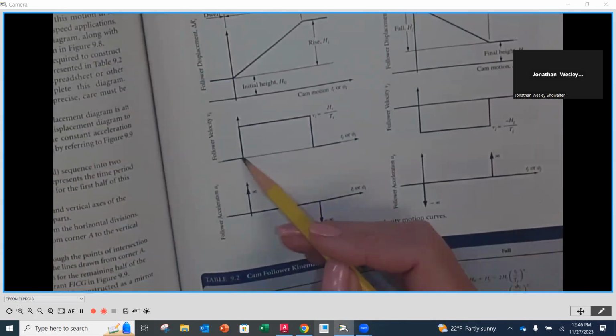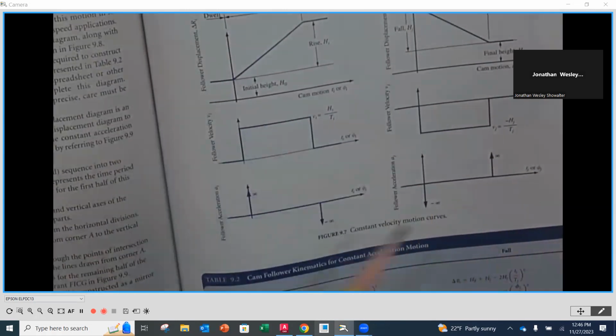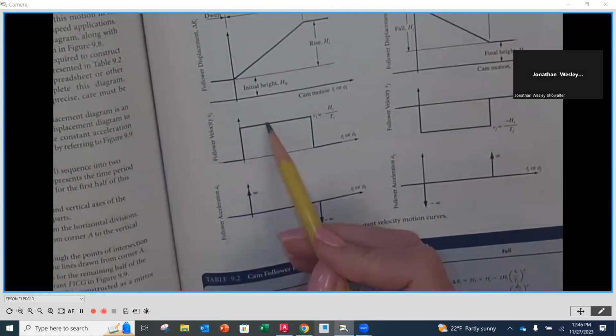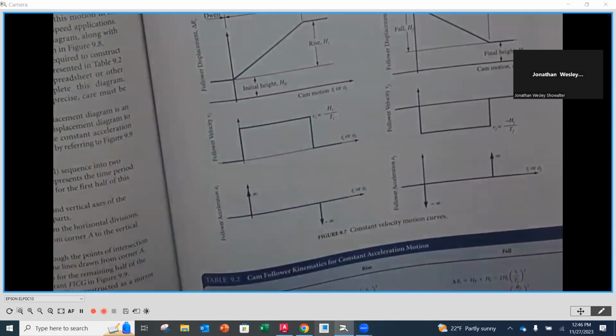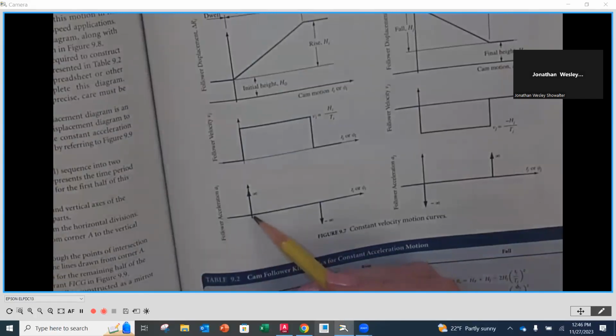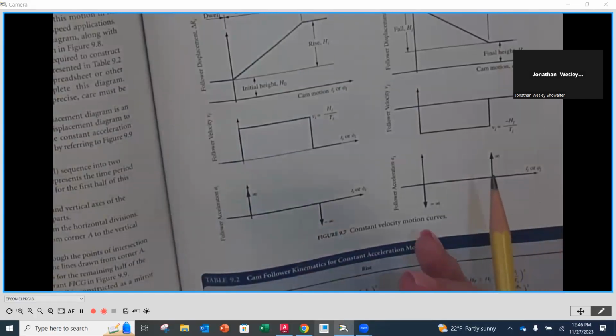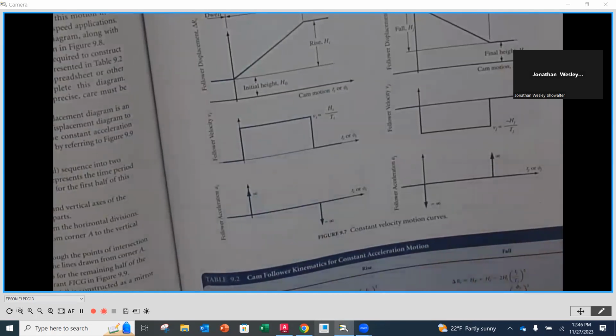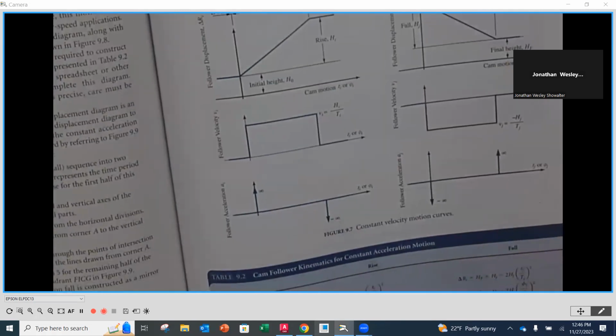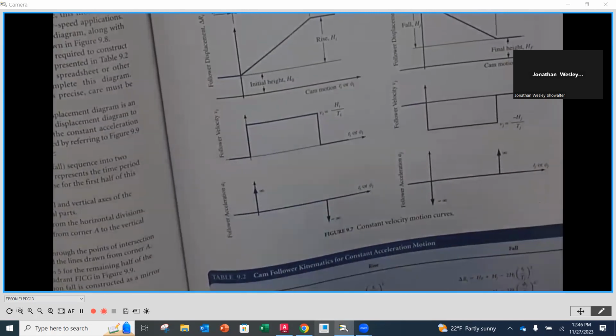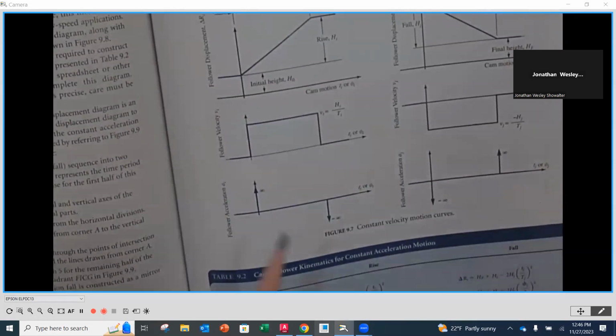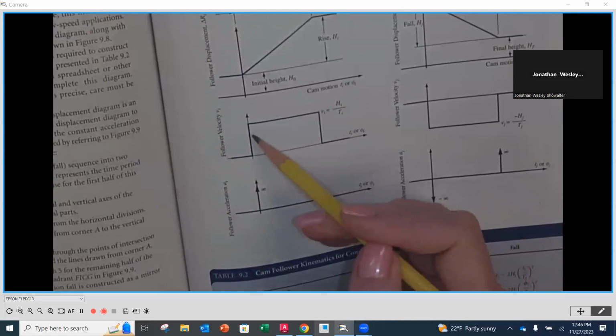Now, as we look at the velocity, constant velocity means that instantaneously we turn on and we are going at whatever that velocity is, and then we instantaneously turn off, okay? And what it also means here is that we don't have acceleration. It's not very smooth, okay? Because it's an on and an off, an on and an off. And so it's hard to achieve.